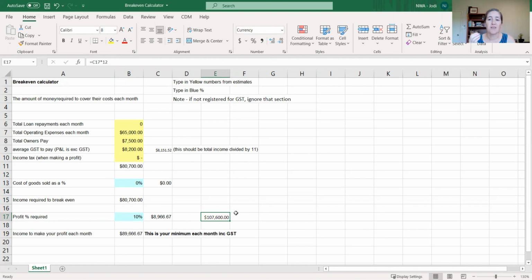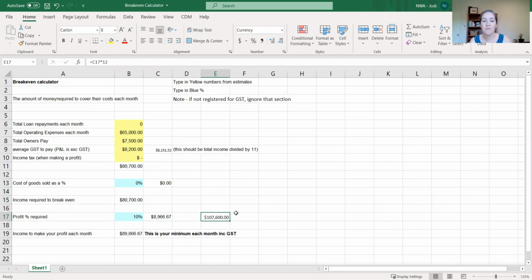Now, it really depends on what type of business you're operating as, whether it's a company, a sole trader, or a trust or a partnership, as to how much tax you would pay on this. So it's really important to get the tax rates right, depending on the type of the business. Because as an individual, a sole trader, you pay a lot more tax at different rates than a company.